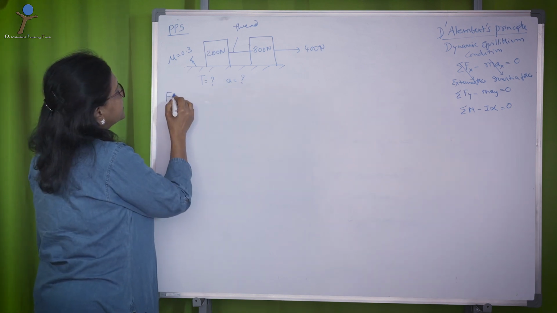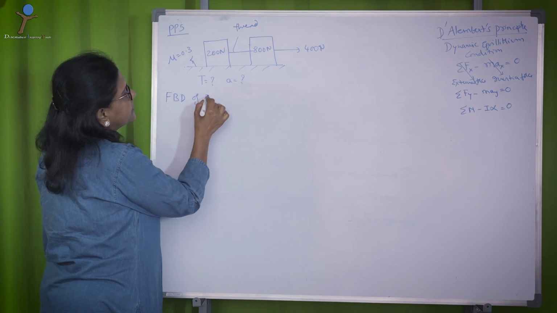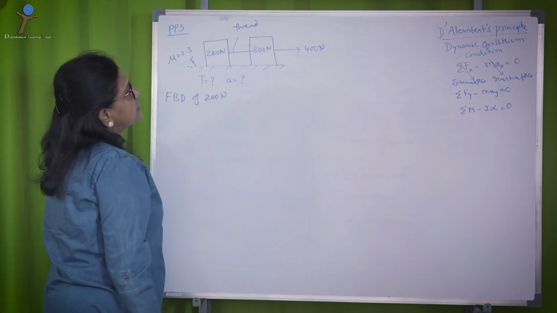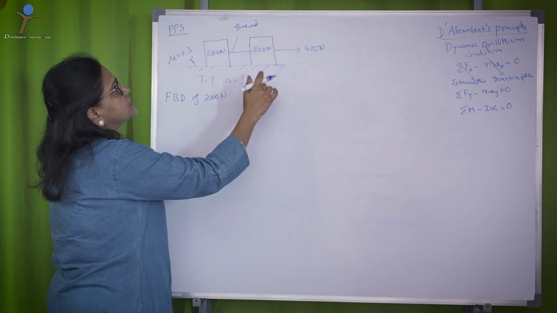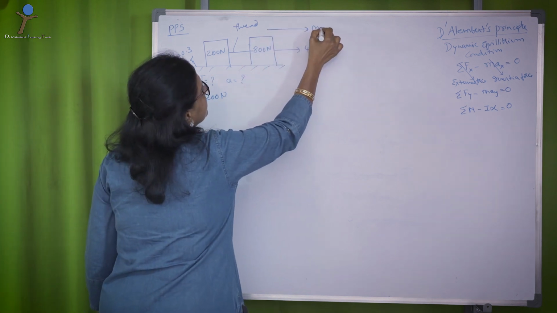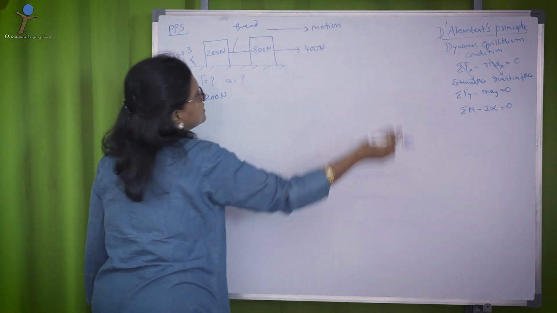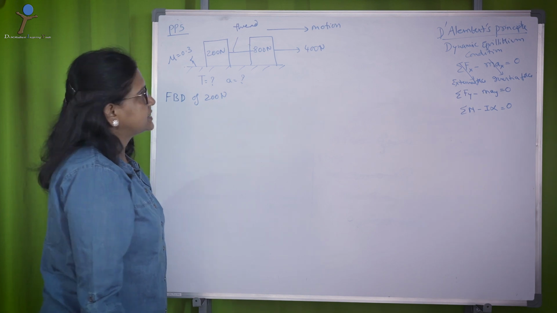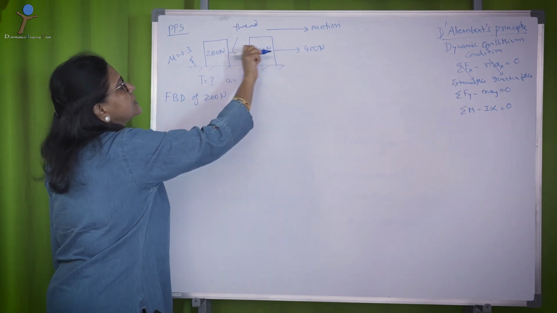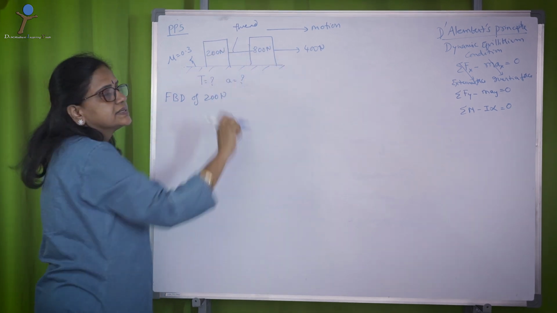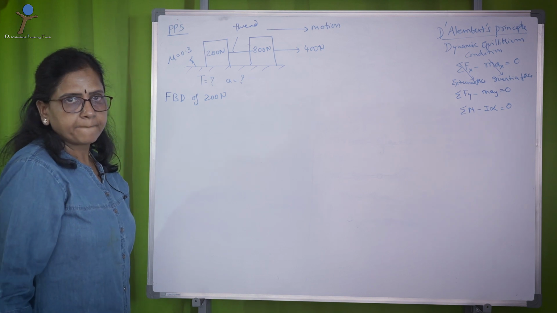First, consider the free body diagram of 200 newtons. Now since the body is already in motion and the motion is in the direction of the external force, that is in the rightward direction, the inertia force and the frictional force act in the opposite direction.